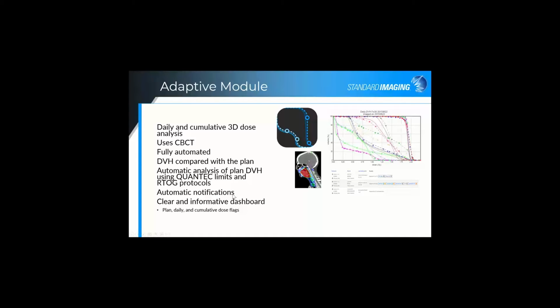Again, there are automatic notifications and a clear and informative dashboard that gives you the planned, daily and cumulative dose flags. And if you can see here on this screenshot, this is a portion of the Adaptivo dashboard, and you can see the regions of interest outlined, though only the ones where there is a flag appear on the dashboard.